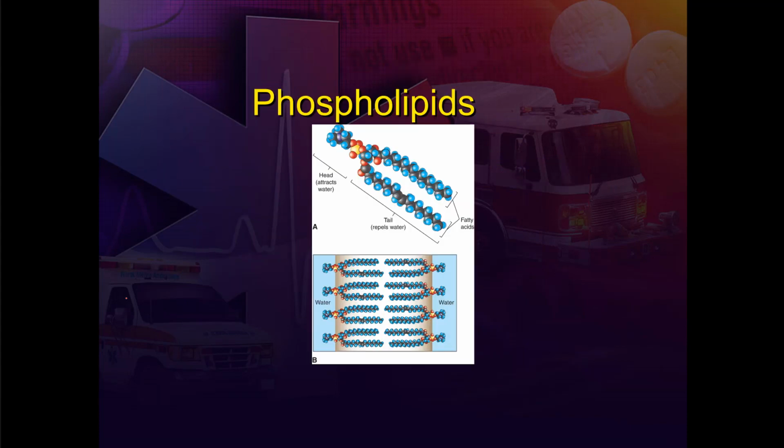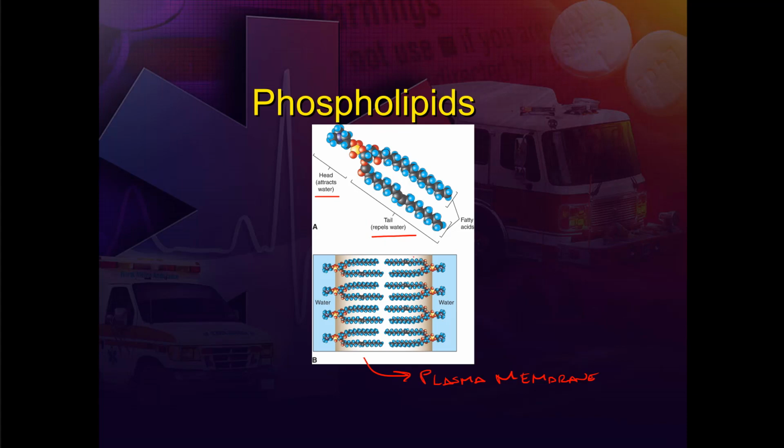Here's a picture of phospholipids, and this is basically the plasma membrane of a cell. The plasma membrane exists because the phospholipids are going to organize themselves to meet their tendency. The head likes water and the tail does not.